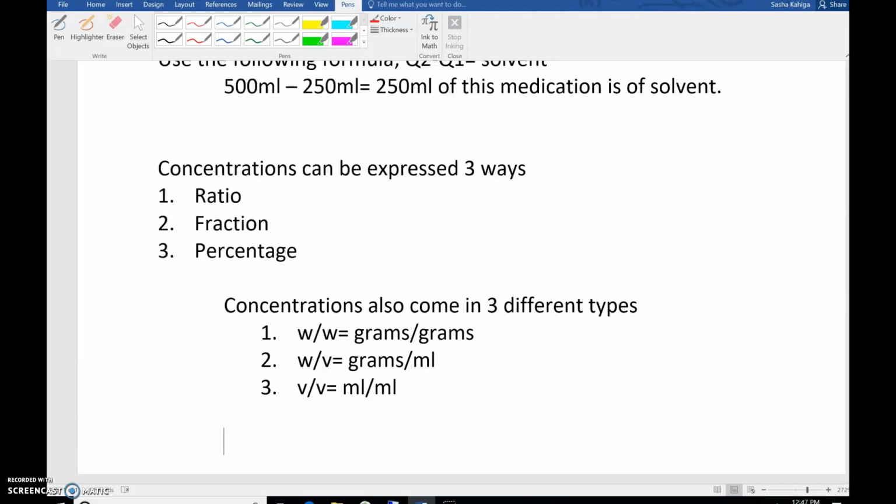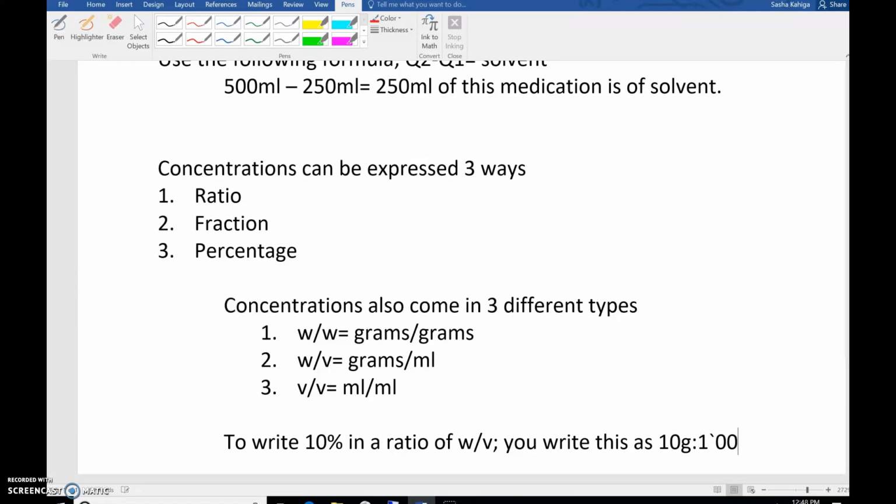So, if I were to ask you to write 10% in a ratio of weight to volume, you will rewrite this as 10 grams to 100 milliliters.